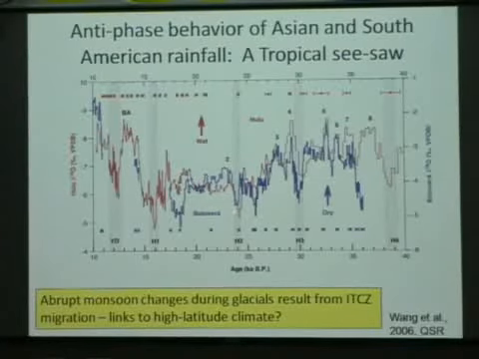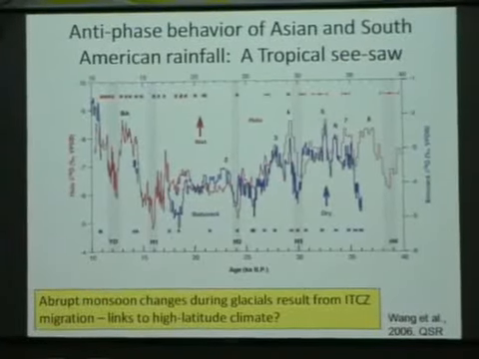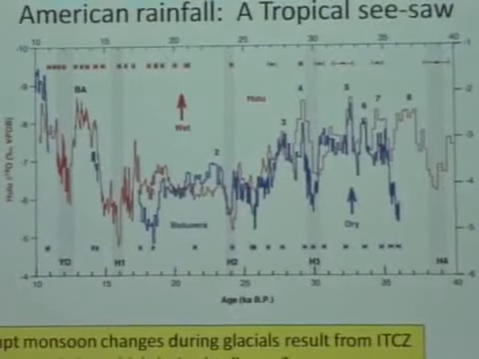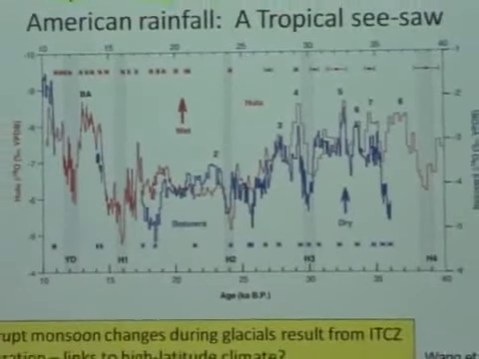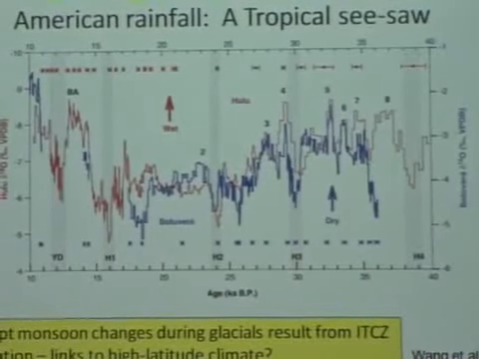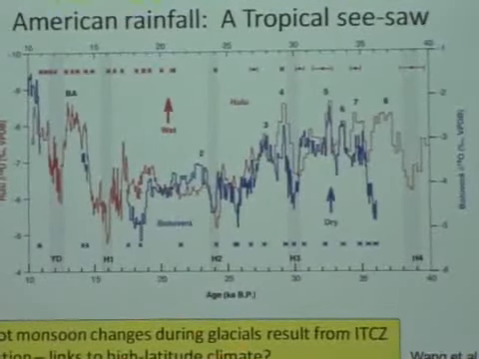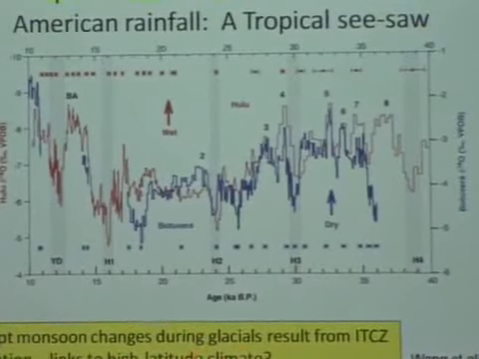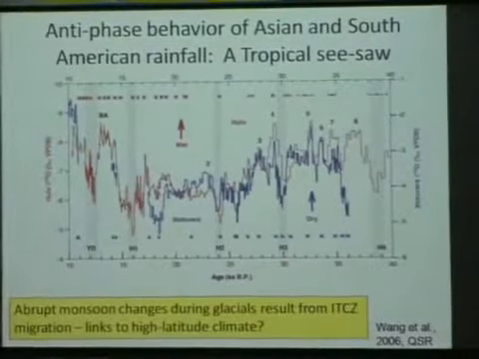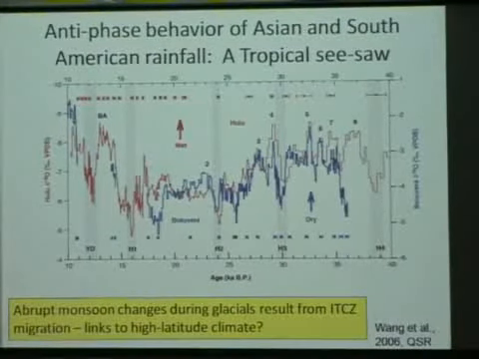And even on these short timescales, when you look at these abrupt events here, you see a very much anti-phase behavior between rainfall in China and rainfall in Brazil. So this suggests that perhaps what's being recorded by these abrupt events is actually changes in the position of the intertropical convergence zone, which is this band of heavy rainfall around the equator.